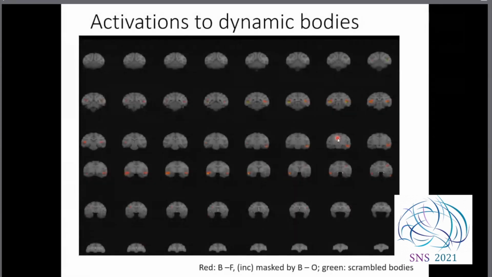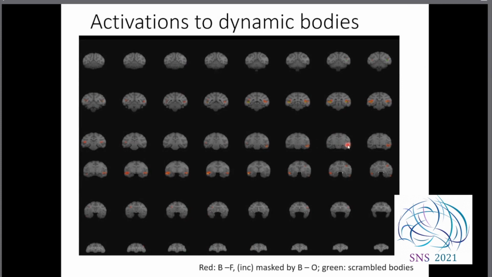and then some scrambled controls. And basically, when we show these dynamic, moving bodies, the monkeys that act and have a blurred face, then we see strong activations, and we see activations that we didn't see with static bodies, especially in upper bank. We see upper bank regions, like here and there.